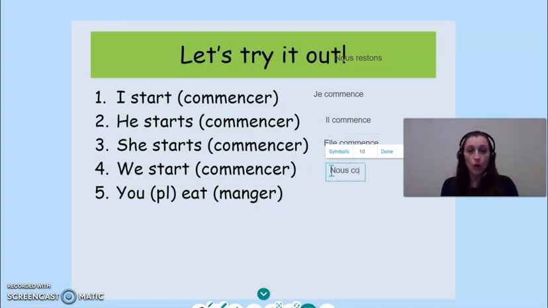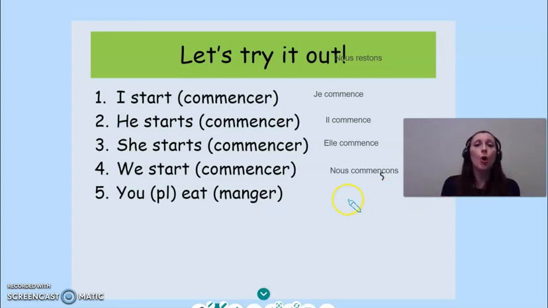Nous commençons. Nous commençons. That's how we would say that in French, and that's not right. So with commencer, we would add the cedilla, the little accent, and it changes the k sound to a s sound. So nous commençons. It's really important we put that cedilla in, otherwise it's nous commençons, and that's not a French word, okay?